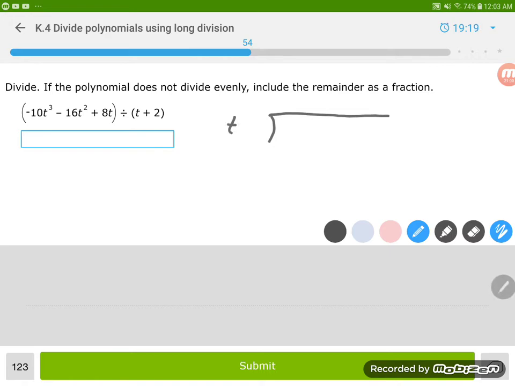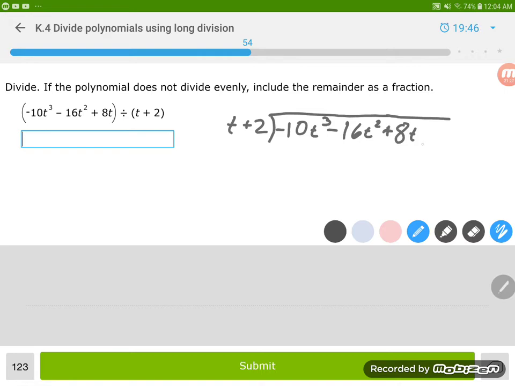And t plus 2 is dividing, and we have negative 10 t cubed minus 16 t squared. And now, okay, cool, plus 8t. And so now if you're watching this, you might be having trouble with this, and so I want to give you this piece of advice because you may need it to help you.